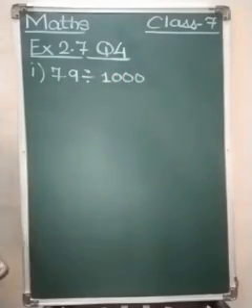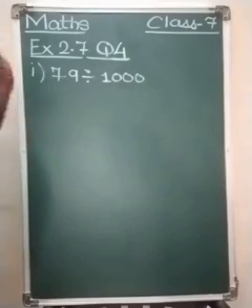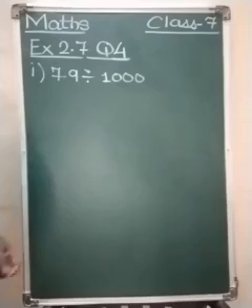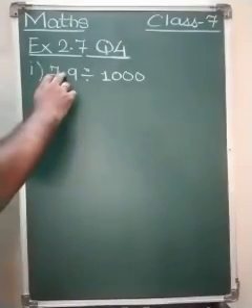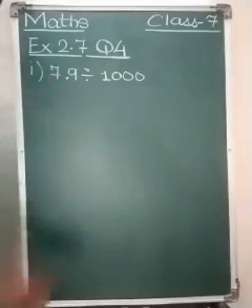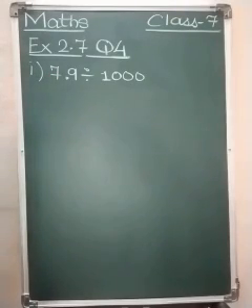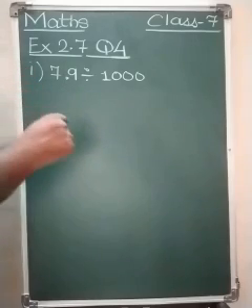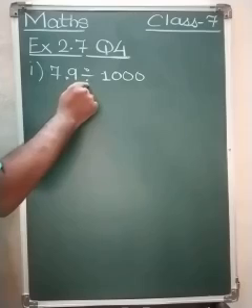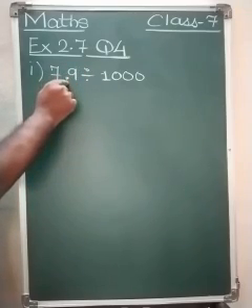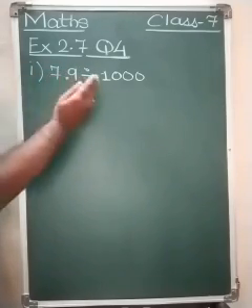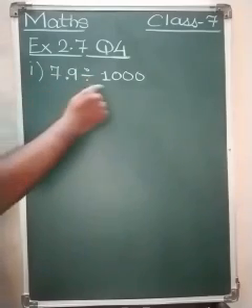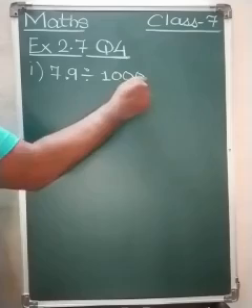Okay, as I have told you, we can solve it orally also. We can see where we can give the decimal point. It is 7.9 divided by 1000. Again, I will recall that knowledge: when division is there, we shift the decimal point towards the left-hand side, as many places as the zeros are there.